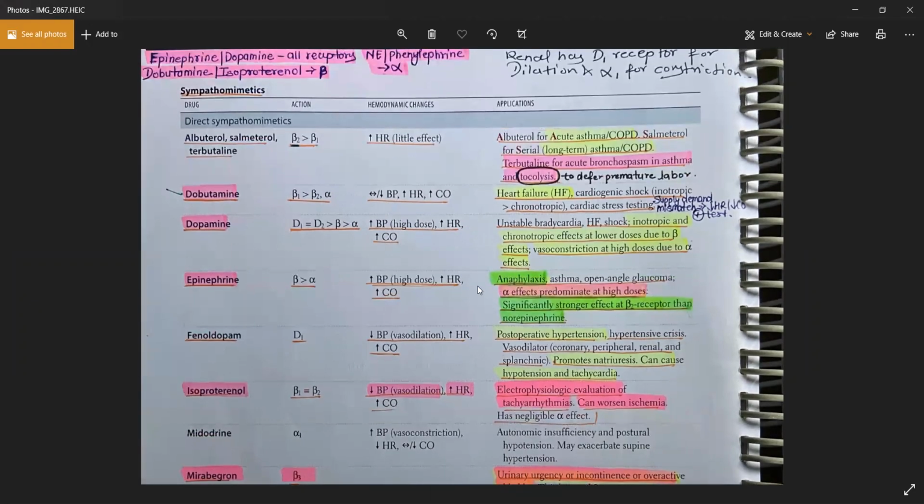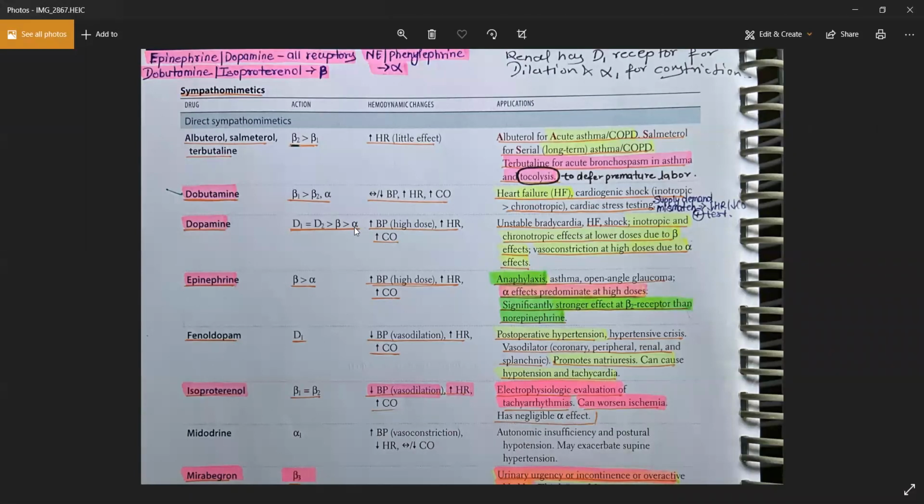Then come those agents which have an effect on the dopamine receptors, and this is dopamine itself. See, the effect of dopamine is dependent upon the dose. At a low dose, dopamine has a D action more than the beta or alpha receptors.